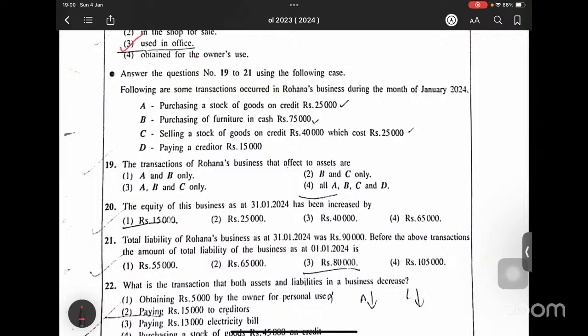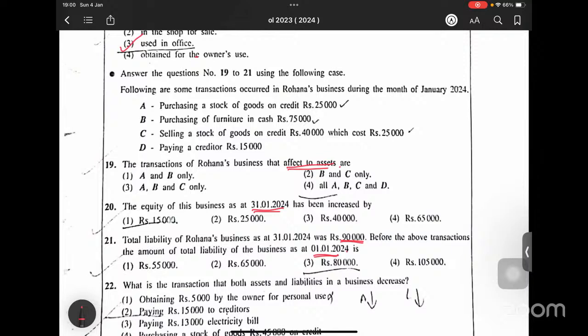Which transactions affect the assets? The equity as at 31st January has been increased by how much? Total liability as at 31st January 2024 was 90,000. Before the above transactions, what was the total liability? Okay, they are asking the reverse way.